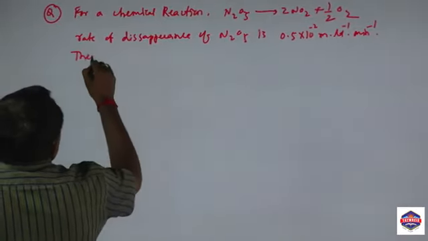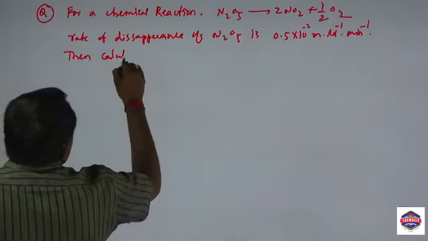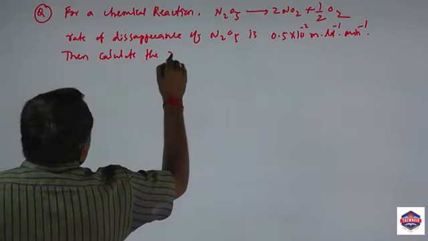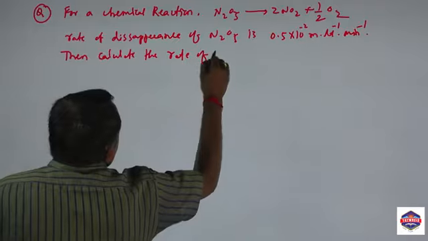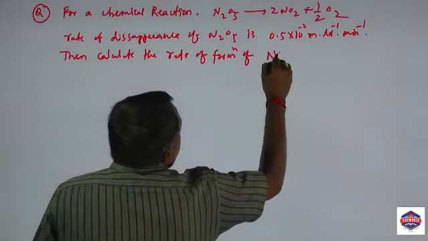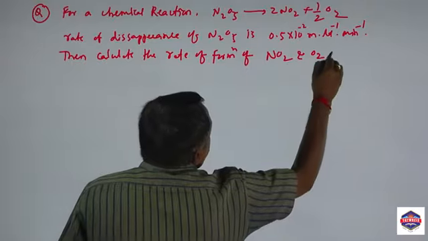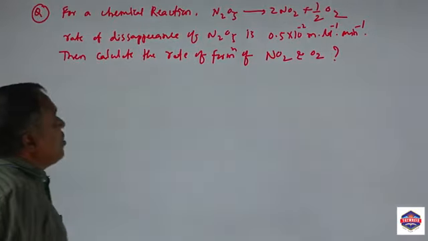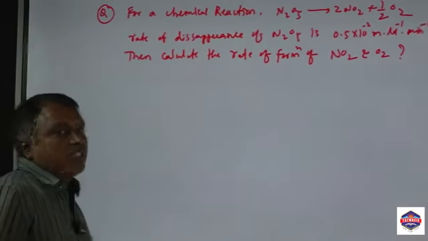Then calculate the rate of formation of NO2 and O2. So how can we calculate the rates of formation of NO2 and O2?